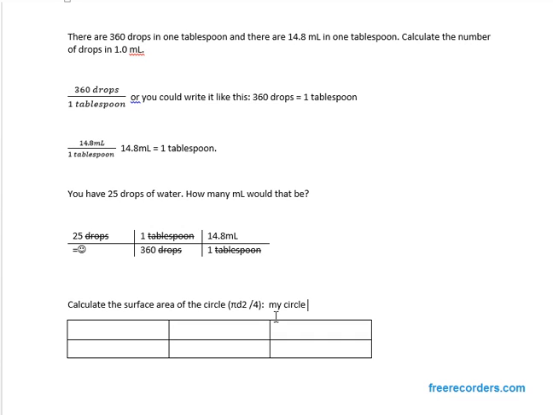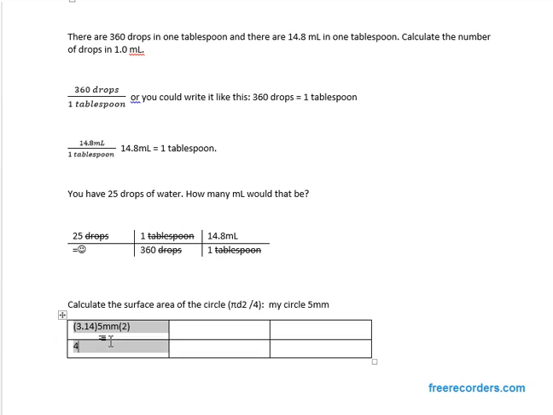So I'm going to say my circle is 5 millimeters. That's my D, so I need to multiply that by pi, so I'm going to multiply that by 3.14 times 5 millimeters times 2, and divide that by 4.